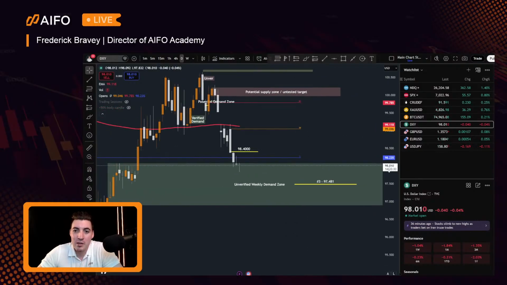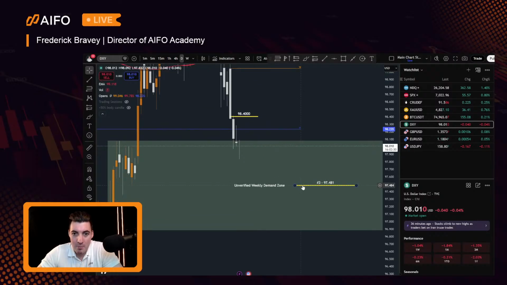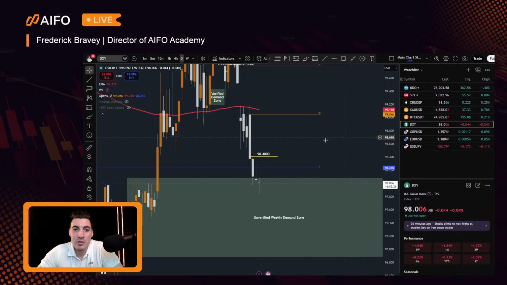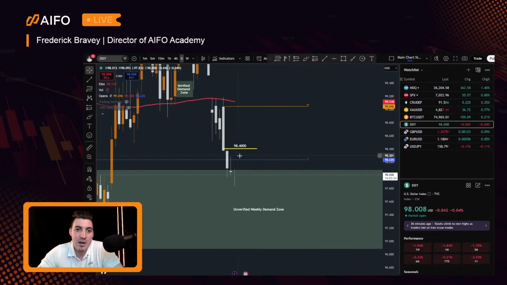But I'm trying to be a little bit hesitant here because I have been working with one of our trainers and they have highlighted this area as the potential zone where the DXY is likely going to retrace back to before moving down even more.